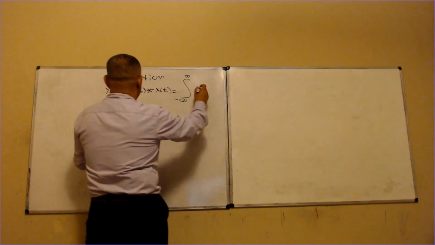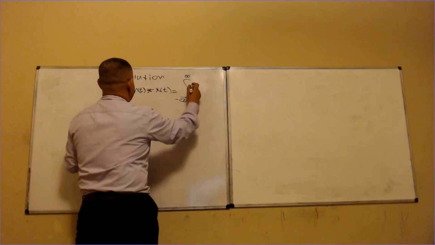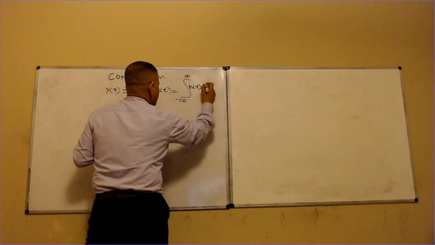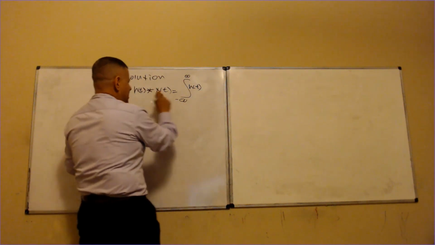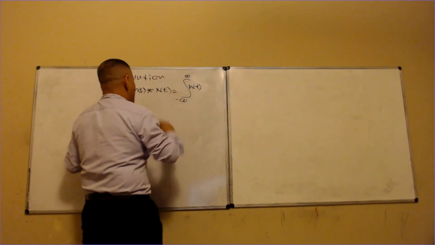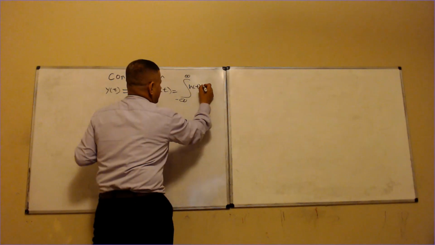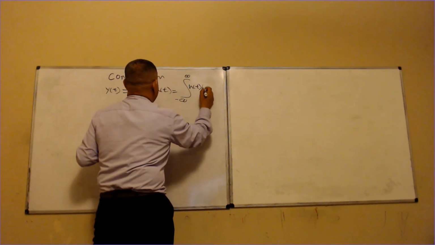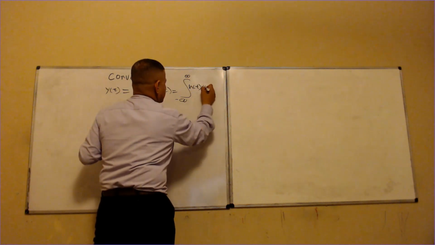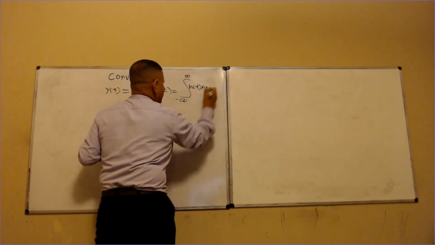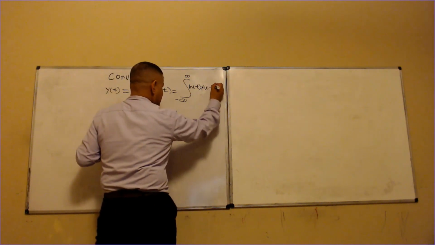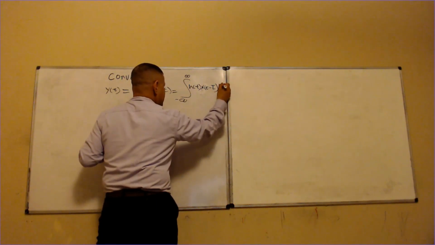In this case we can say h of t is multiplied by this function, but this one right here gets x of t minus tau. I am introducing another variable, tau, and then d tau.